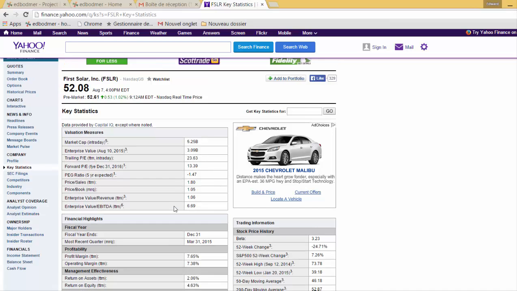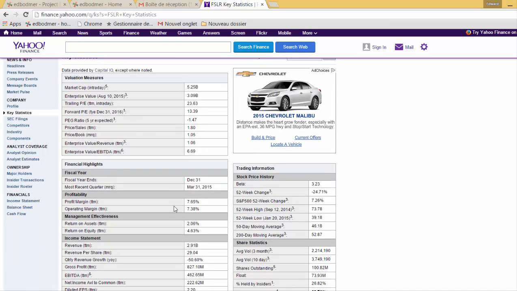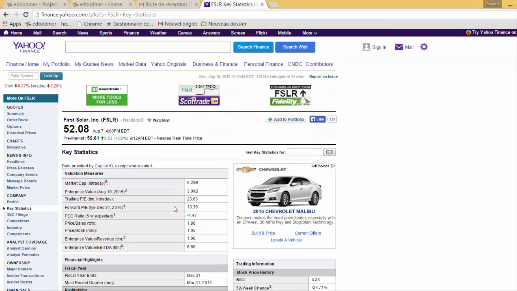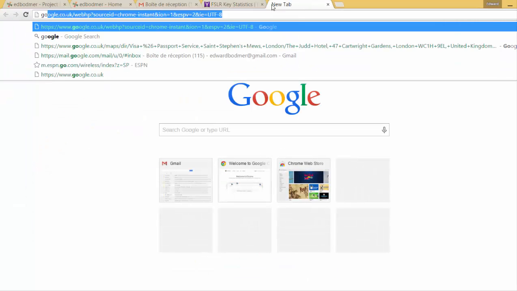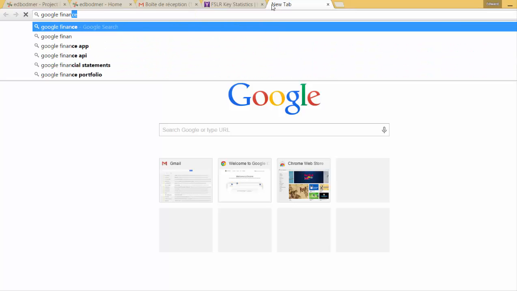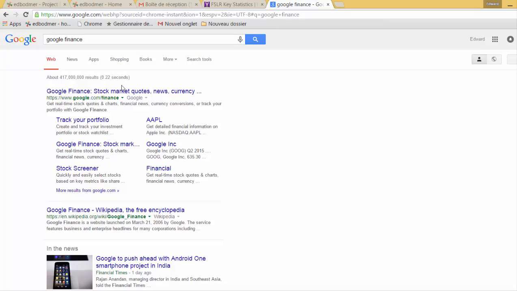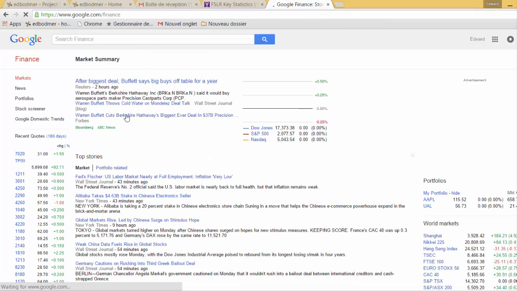But we need to recompute that, because sometimes if you trust the data from these websites, it's not wrong. We'll show you that in a kind of second video. Let's make another one. How about let's go to Google Finance. Okay, and then we'll put FSLR in here.